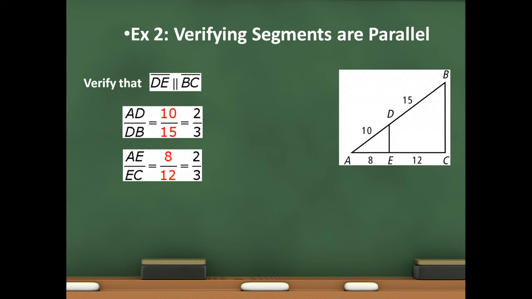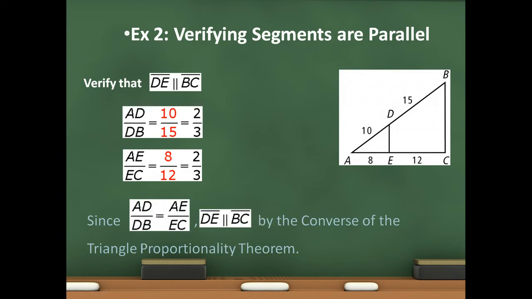AE over EC equals 8 over 12, which is also 2/3. Since AD over DB equals AE over EC, then DE is parallel to BC by the converse of the triangle proportionality theorem.